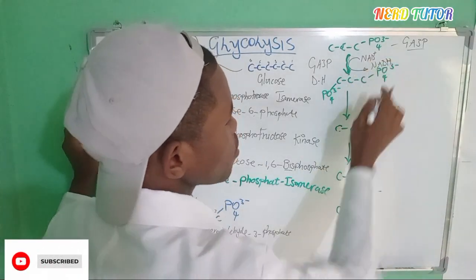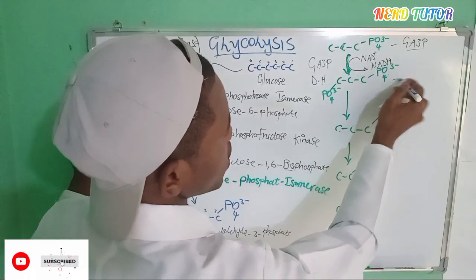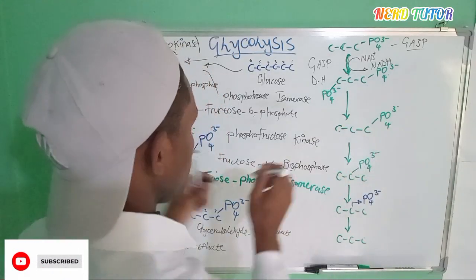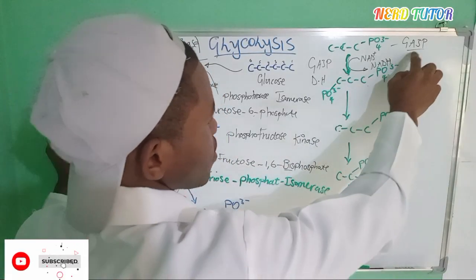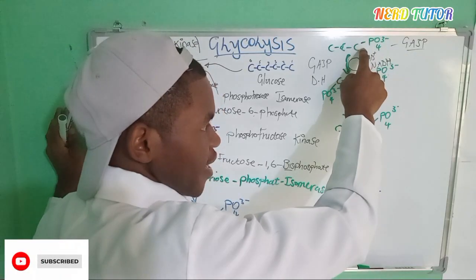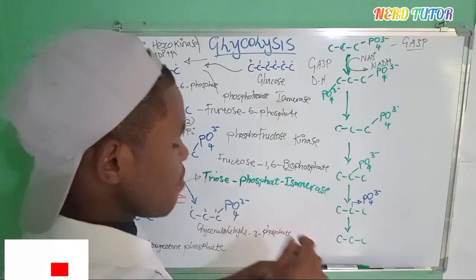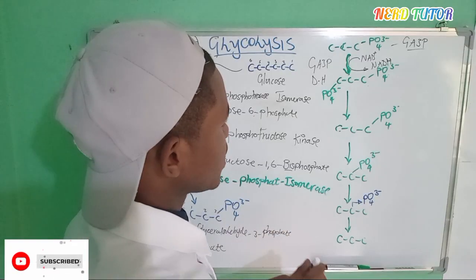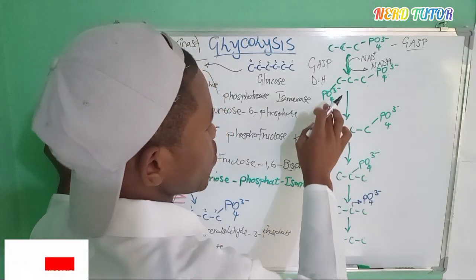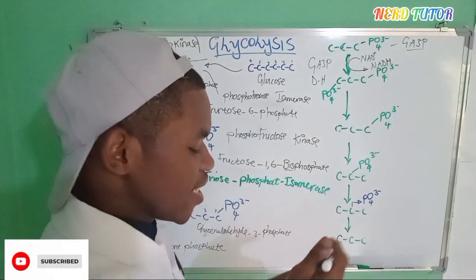Before I even go to this process, we have to name this one, because it has changed. This glyceraldehyde 3-phosphate, after it has gained a phosphate, even the name will change. As you can see, this is 1 and 2. We have how many? We have 2 phosphates.